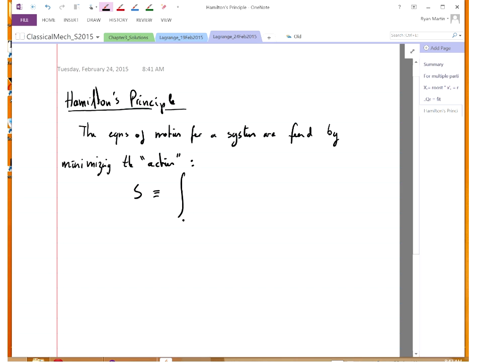The action S is defined to be the integral from time A to time B of some function L dt. So this S is called the action.